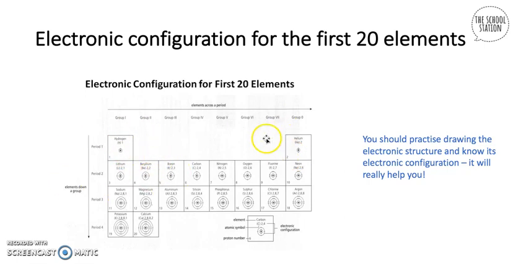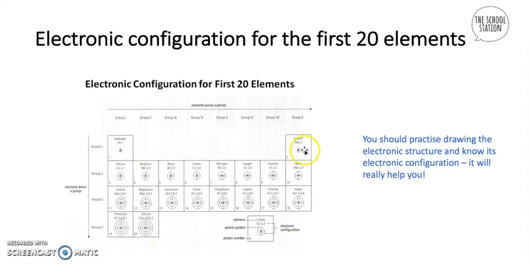However, for lithium we don't just draw 3 electrons in the first energy level. We have to draw another circle around it and draw one electron, because again, the first energy level can only hold up to 2 electrons. You can't add 1 more. So if you want to draw the third electron in lithium, we have to draw another shell and just put 1 electron. So you just have to keep carrying on like that.